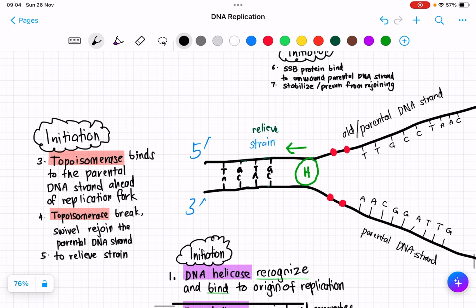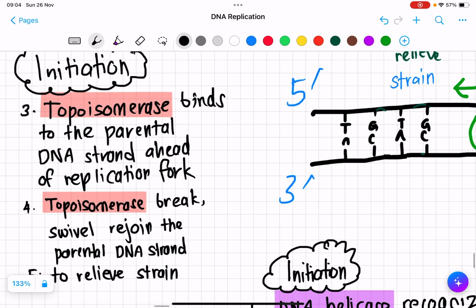So what happen? Topoisomerase akan bind to the parental DNA strand ahead. Jadi kalau nampak molekul yang duduk di bahagian depan helicase dan belum terbuka, itu adalah topoisomerase.